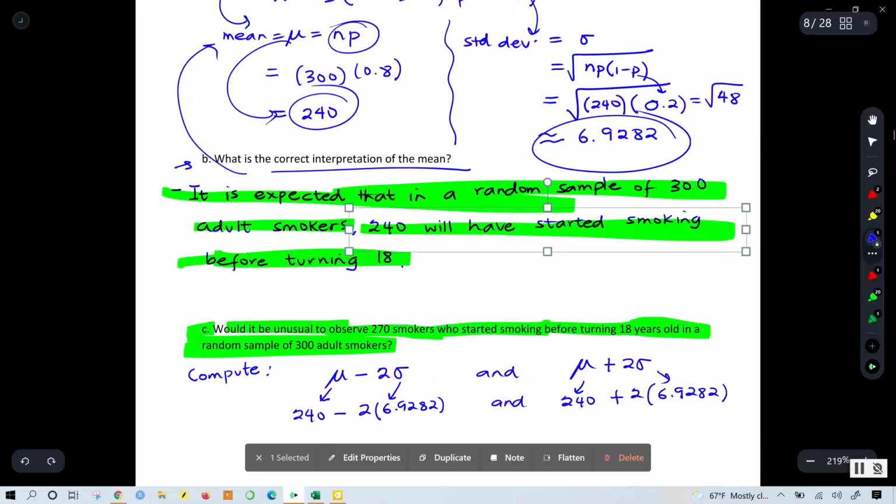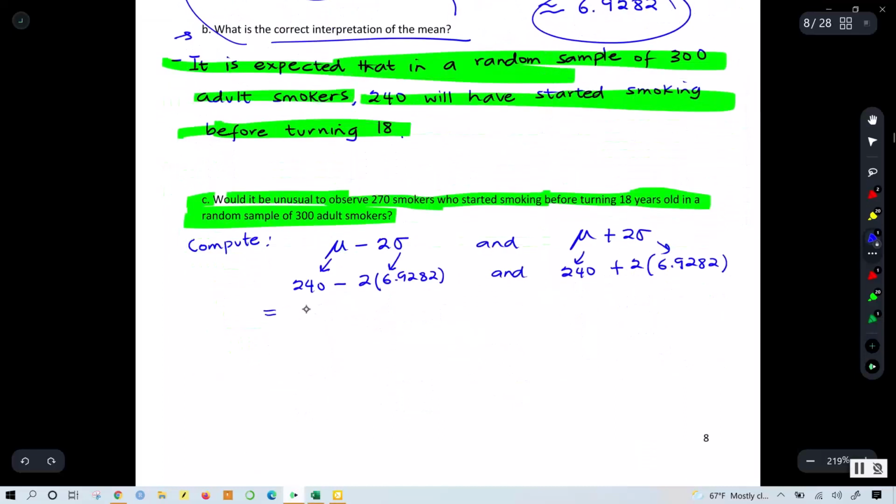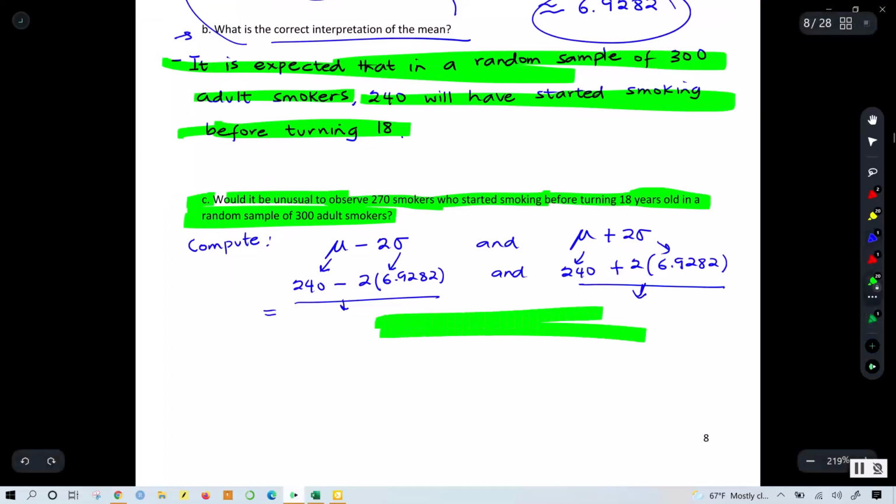These two values would be the fence for capturing what are inliers, that is, non-outliers. Any numbers that fall within these two values will be classified as not unusual, whereas any values below the lower value and above the upper value would indicate an unusual event.